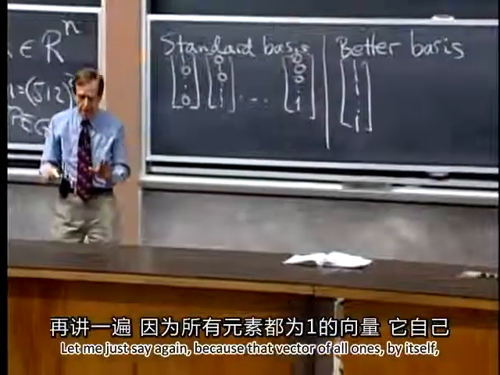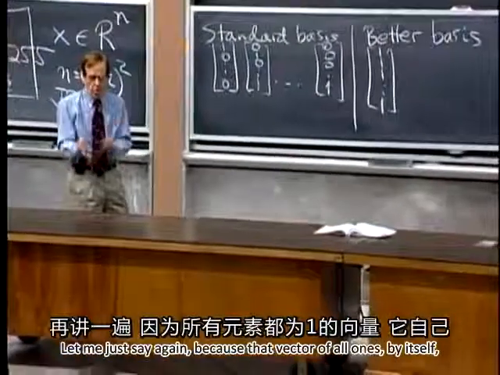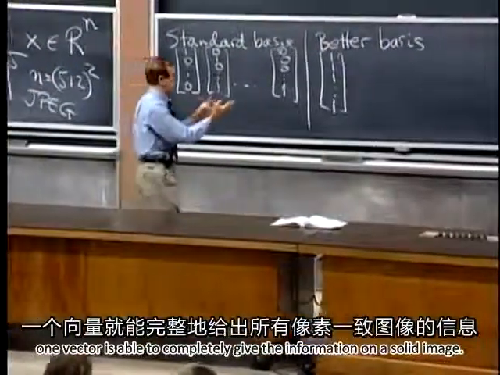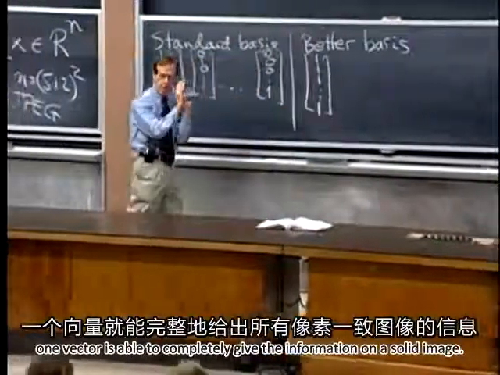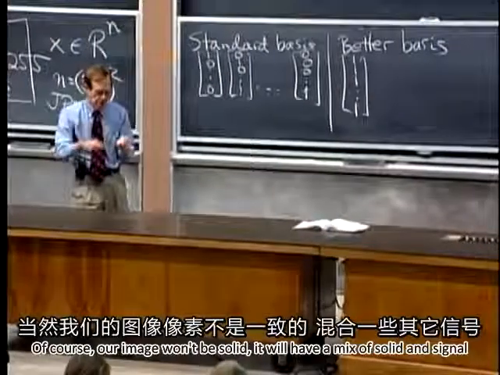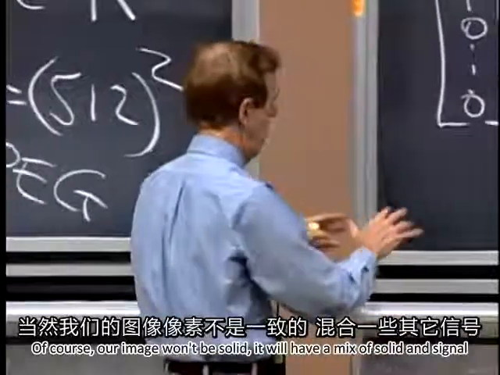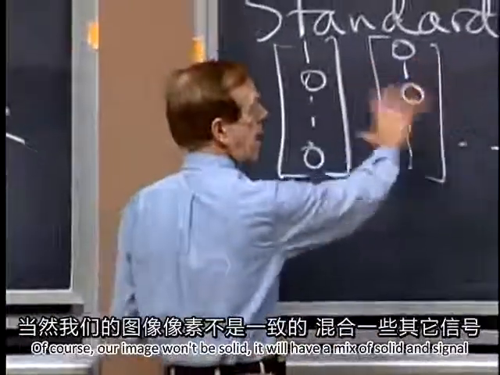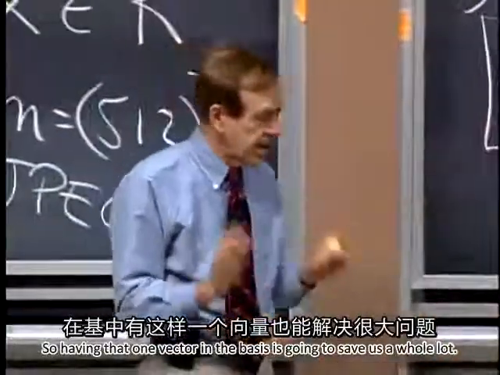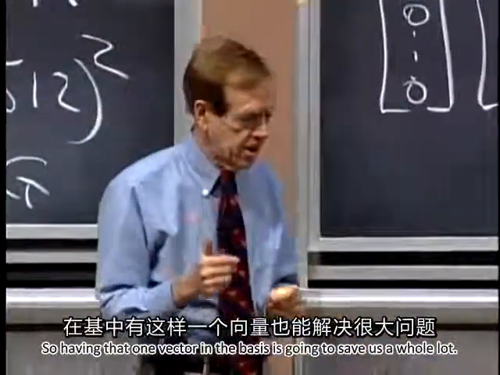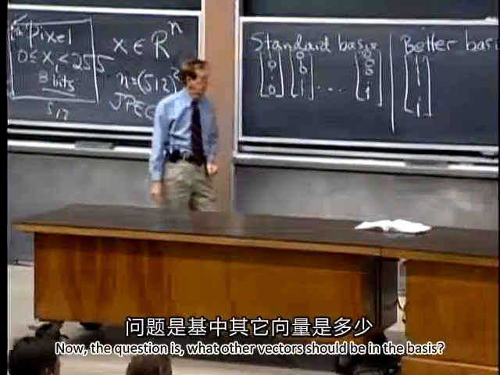Because that vector of all ones, by itself, one vector, is able to completely give the information on a solid image. Of course, our image won't be solid. It'll have a mix of solid and signal. But having that one vector in the basis is going to save us a whole lot. Now the question is, what other vectors should be in the basis?